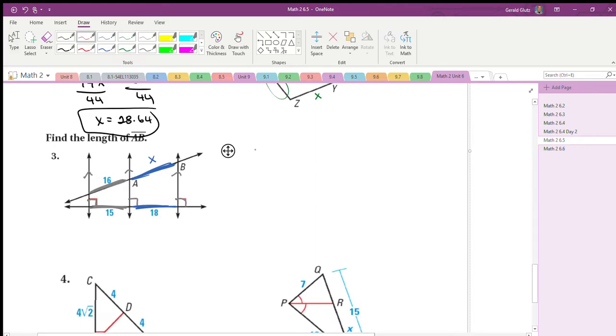So we could say that 16 divided by 15 is equal to x divided by 18. So I'm going to cross multiply, so 5x. 16 times 18 is 288. Divide both sides by 5. And I get x is equal to 57.6.